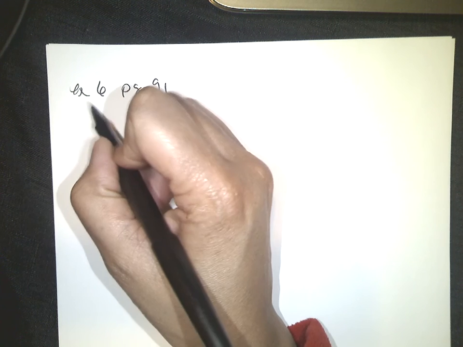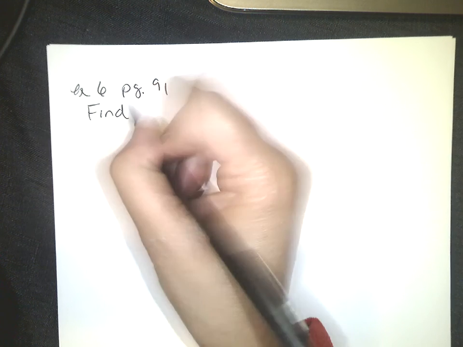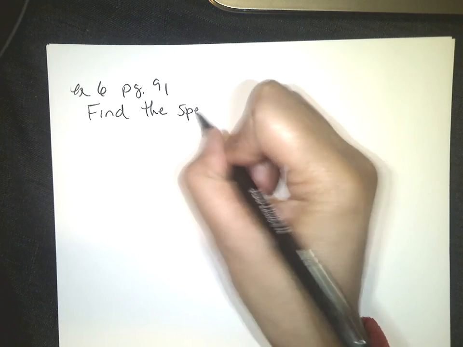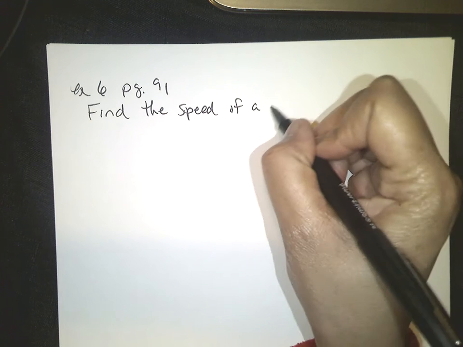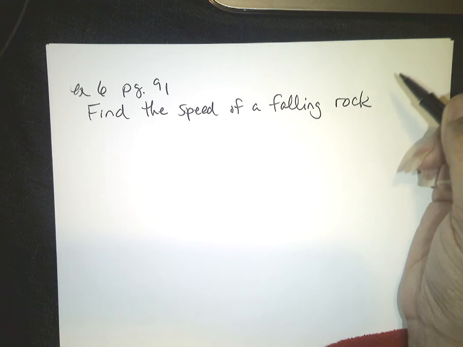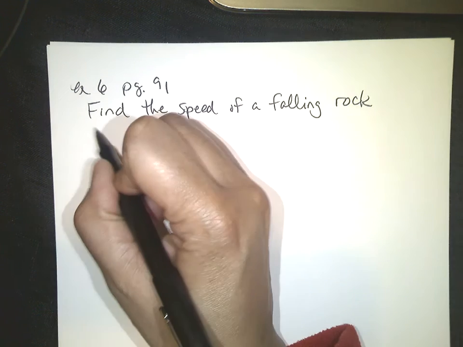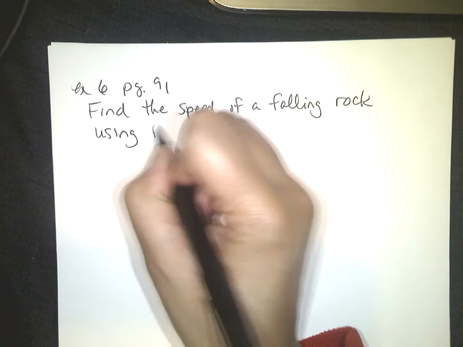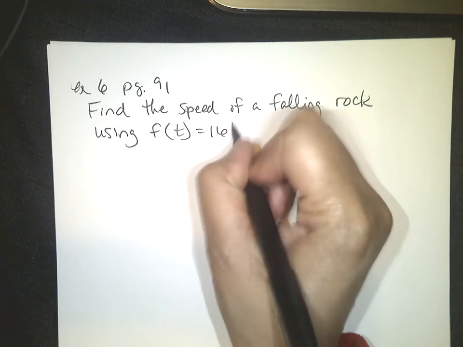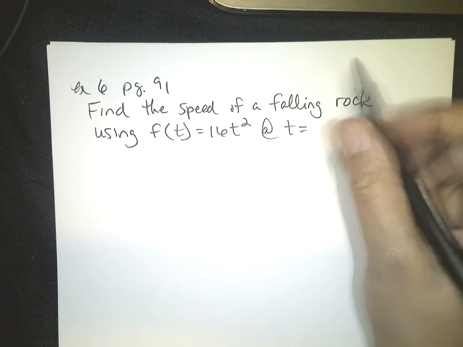So we're going to find the speed of a falling rock using f of t equals 16t squared at t equals 1 second.